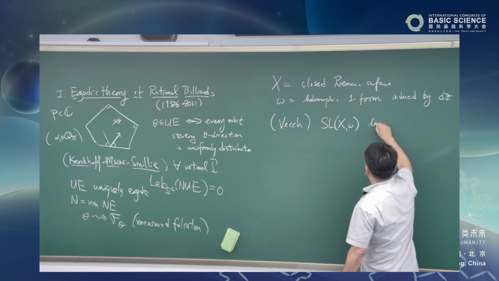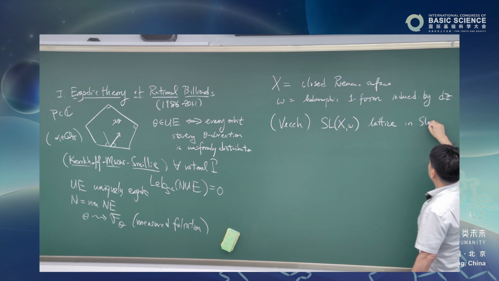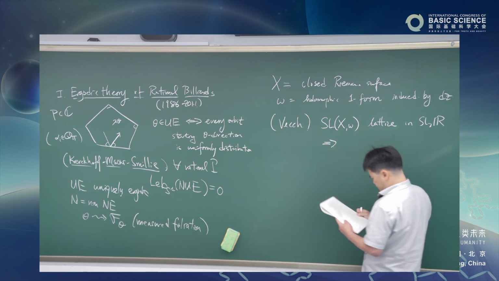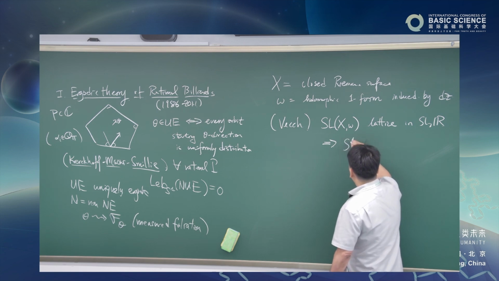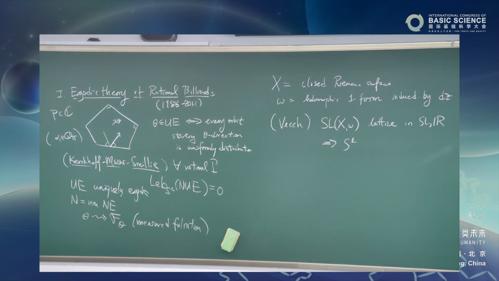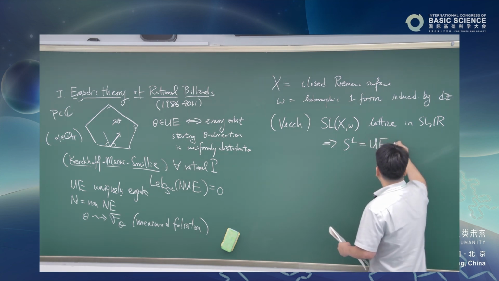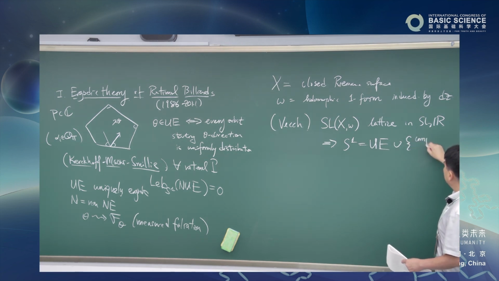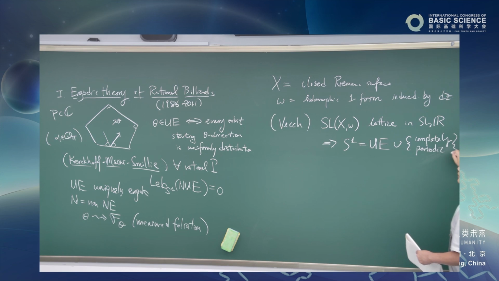If this is a lattice, so it naturally embeds into SL2R, then this implies that the dynamical system is very similar to the case of a rectangle. Here, every direction is either uniquely ergodic or completely periodic, meaning that the orbit in every direction closes up.